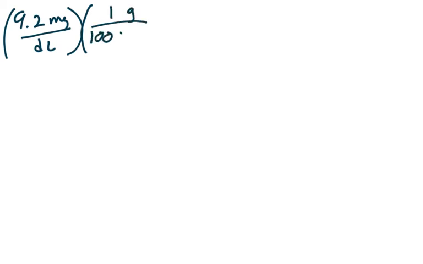Okay, so if we put this all together, sorry I ran out of room, but you should have it in your notes, right? We start with what's given, the known quantity, 9.2 milligrams per deciliter. And I'm going to just insert my string of conversion factors that I just wrote. Where now I have grams per deciliter.